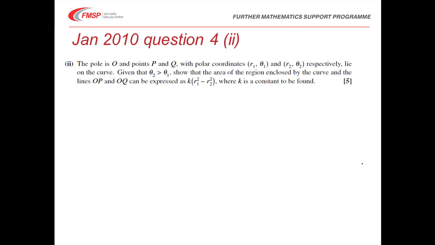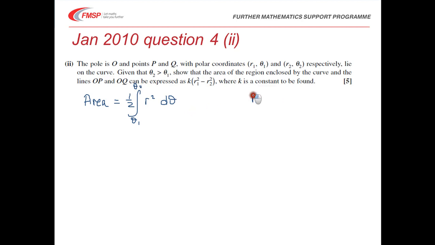So in part 2, we're then asked to do some integration because we want to find the area. So we need to remember that for polar graphs, the area is given by a half r squared d theta. And we're told that theta 1 is smaller, so it'll be between theta 1 and theta 2.